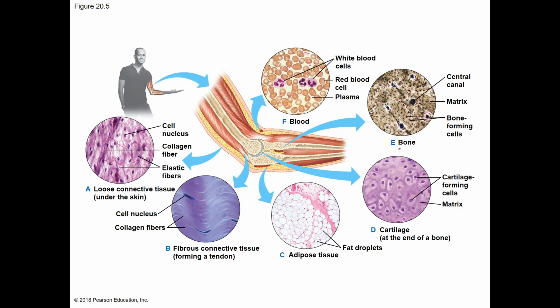Then we have bone. I think everyone knows what our bone tissue is. It makes our skeleton and the structural part of our being. And then again, blood is also part of our connective tissue.